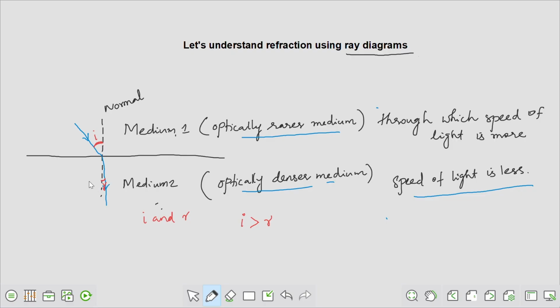Now let us understand what will happen if it happens the other way. You have an interface. This is the optically denser medium and this is the optically rarer medium. I have a normal line perpendicular to the interface, and light is entering a rarer medium from a denser one.